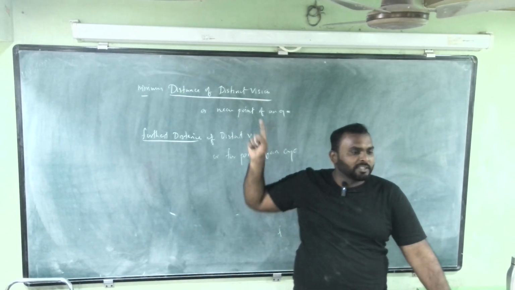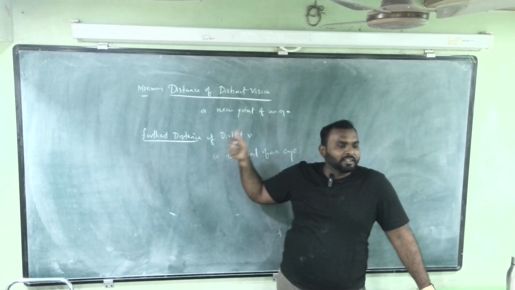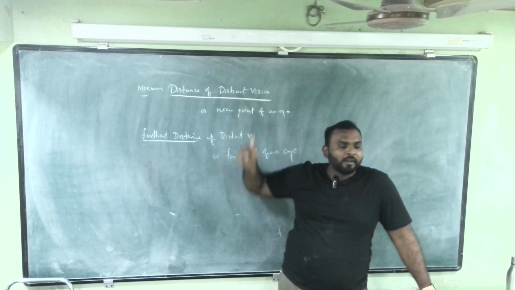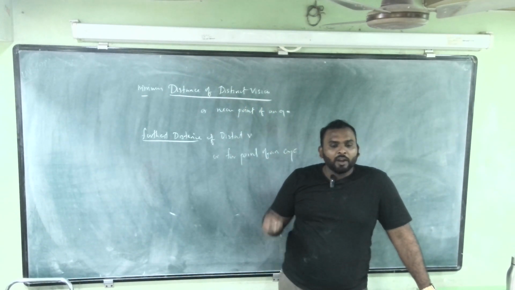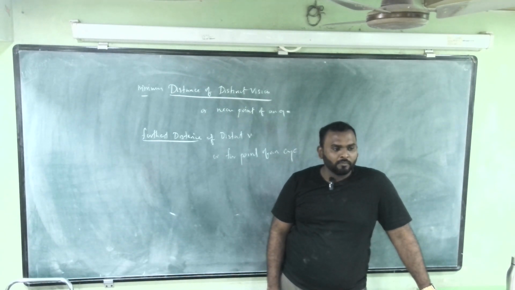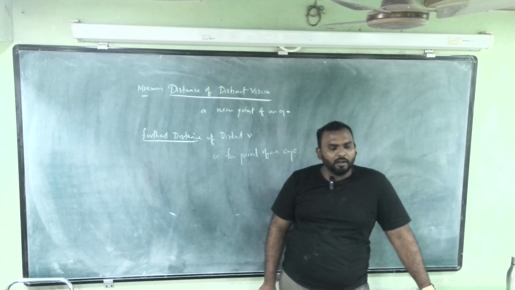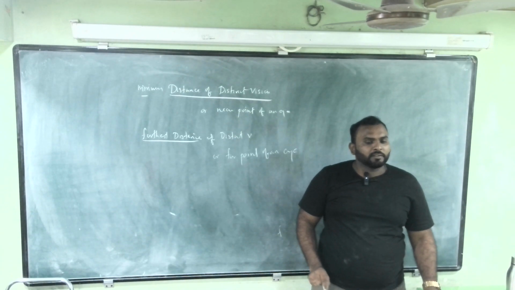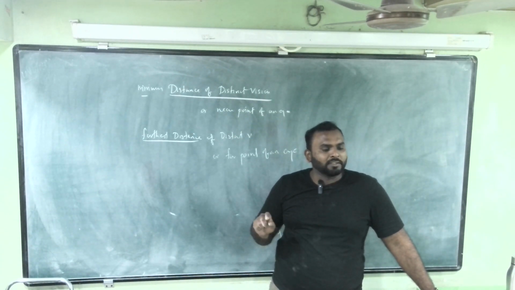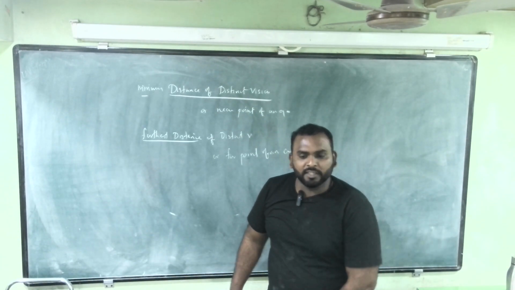Minimum distance of distinct vision, farthest distance of distinct vision. What is minimum distance of distinct vision? The distance at which the object can be seen clearly and distinctly without any stress on the eye is called minimum distance of distinct vision.